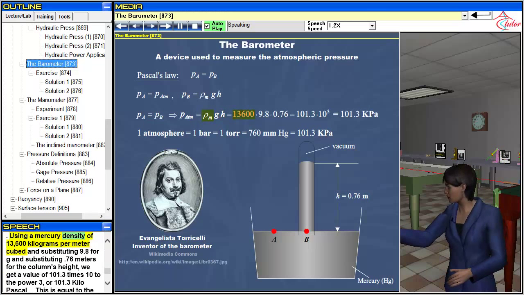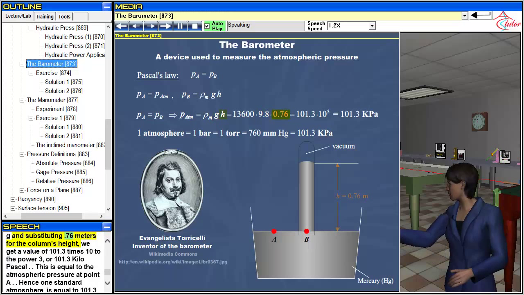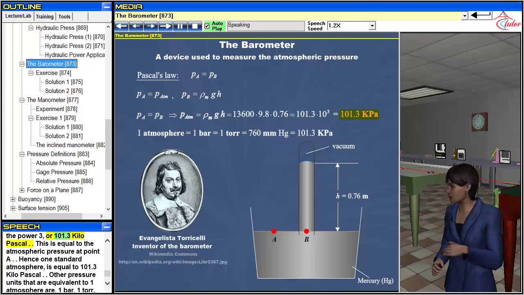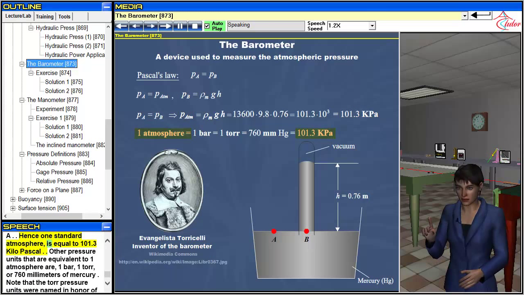Using a mercury density of 13,600 kg per meter cubed, and substituting 9.8 for g, and substituting 0.76 meters for the column's height, we get a value of 101.3 times 10 to the power 3, or 101.3 kilopascal. This is equal to the atmospheric pressure at point A. Hence, one standard atmosphere is equal to 101.3 kilopascal.